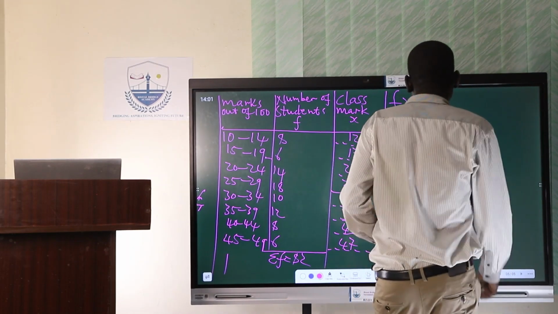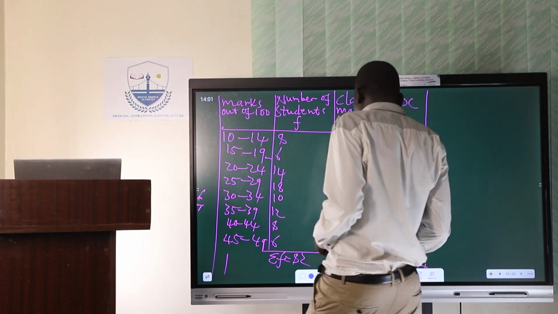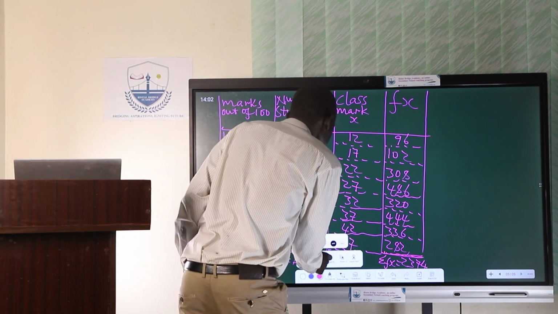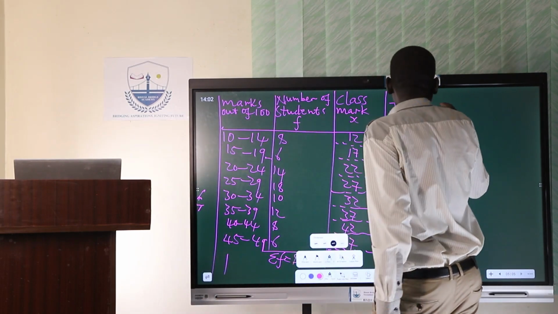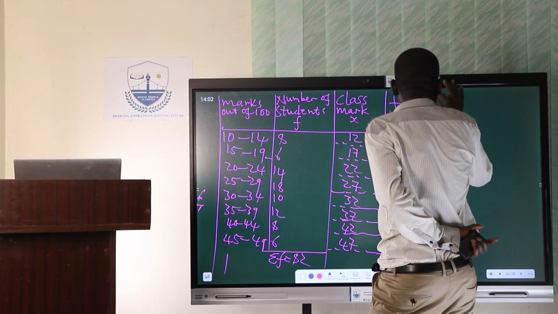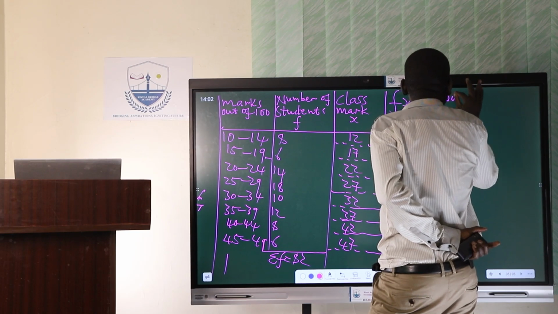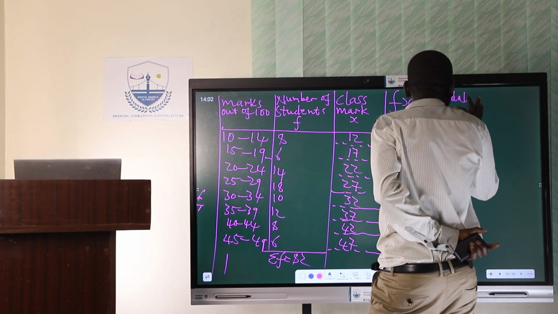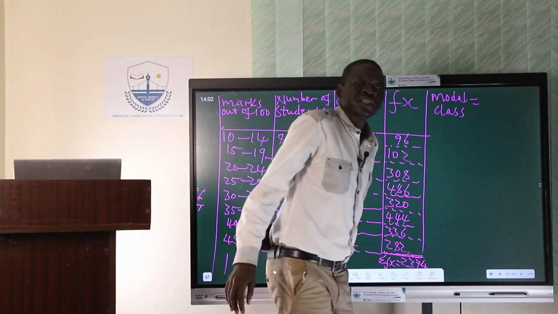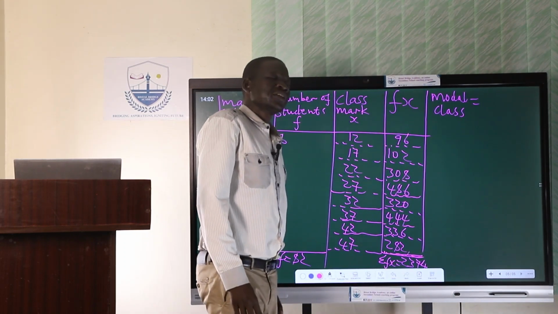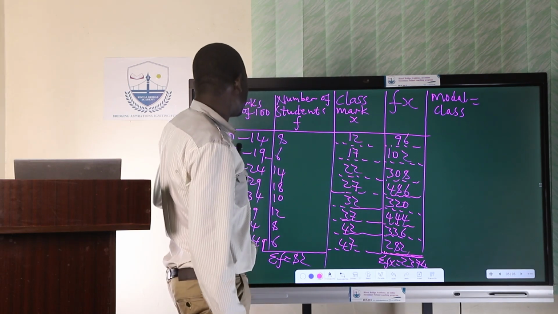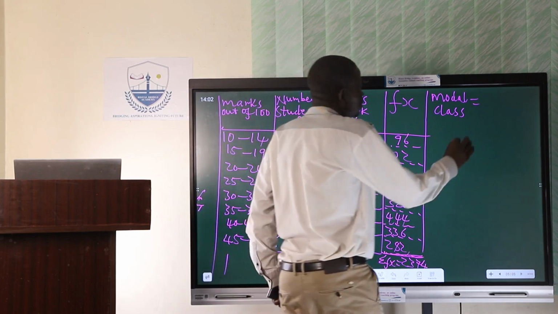Let's now calculate the mode. So we know that mode is obtained from the modal class. So we first define the modal class. Modal class is the class with the highest frequency, which is 25 to 29.